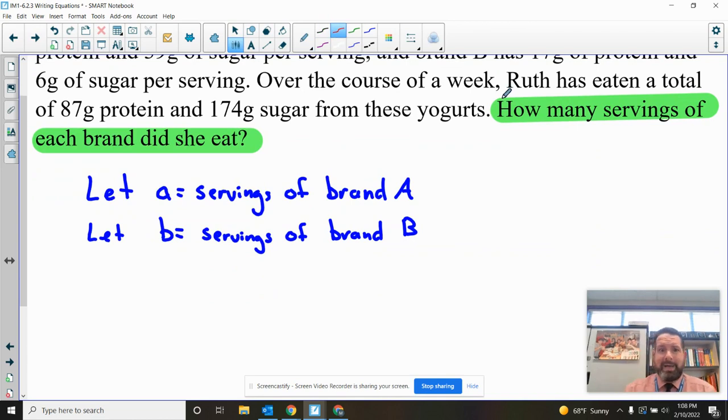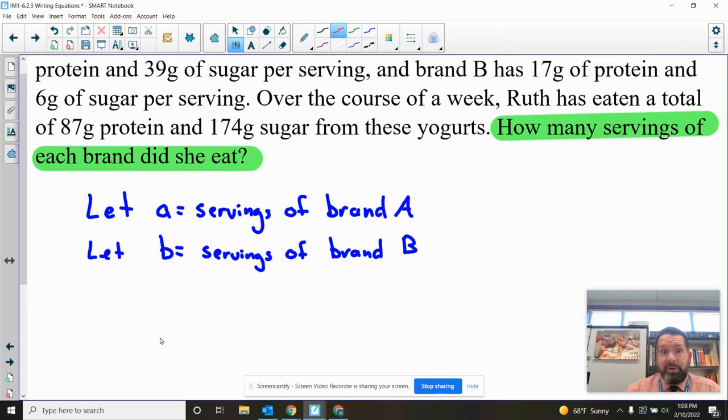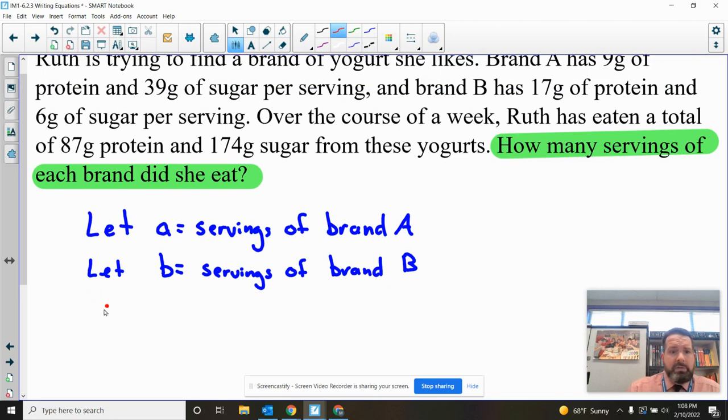Now, I always like to think about it in words first. So the total protein is the sum of the protein from brand A and the protein from brand B. So here we go.